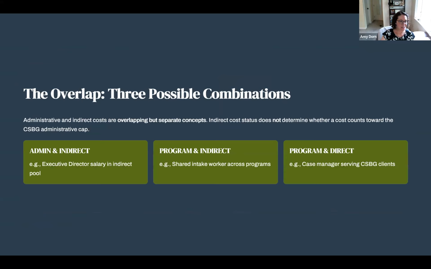All right, so here's the overlap type of situation. Administrative and indirect. So your executive director salary can go into your indirect pool, because your executive director might be working some of their time on activities that directly benefit the program objectives.